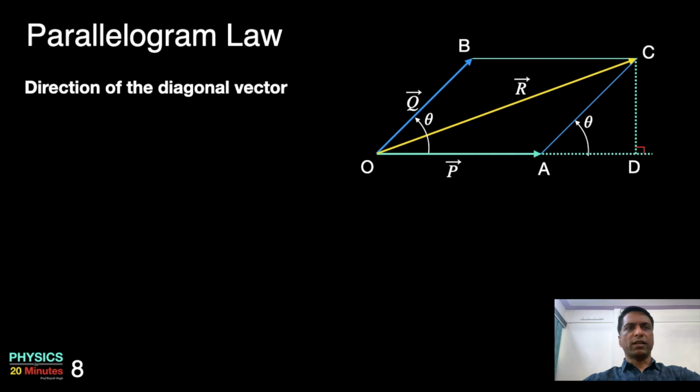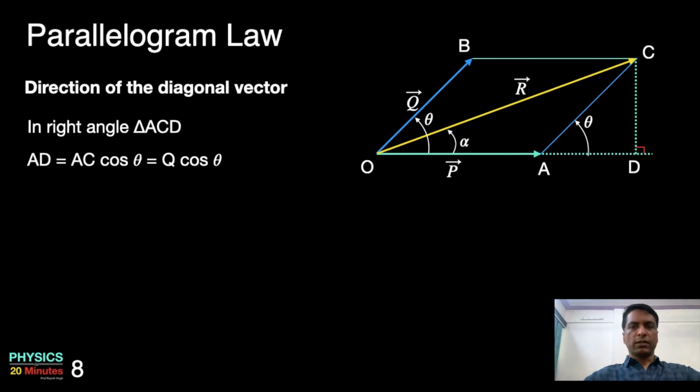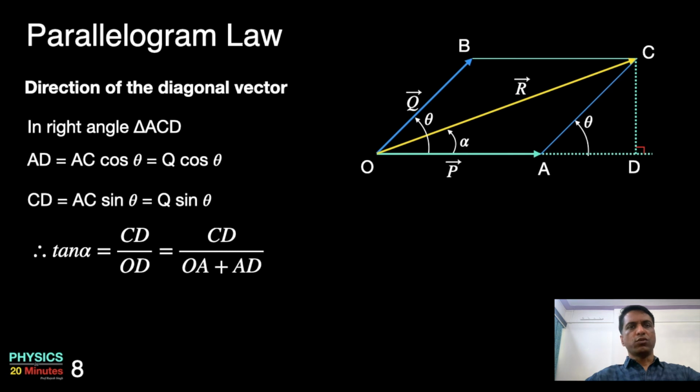Let's try to find the direction of the diagonal vector. Let the diagonal vector make an angle alpha with the direction of P. In triangle ACD, AD is equal to AC cos theta, but AC is Q, so it will be Q cos theta. CD is equal to AC sin theta, which is equal to Q sin theta. Therefore, in triangle OCD, tan alpha is side opposite upon adjacent, which is CD upon OD.